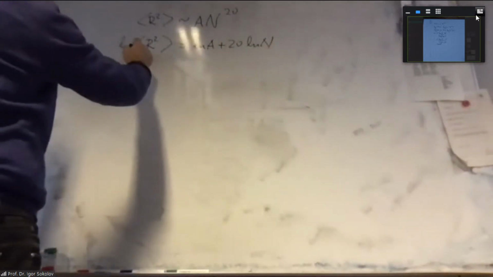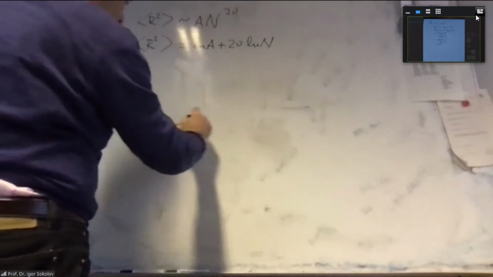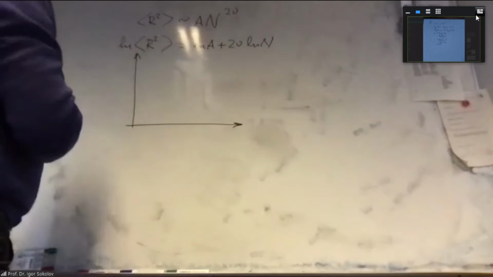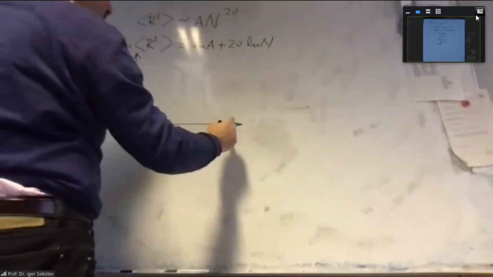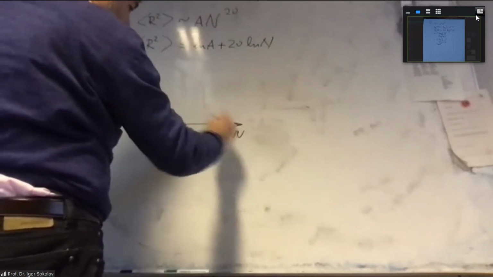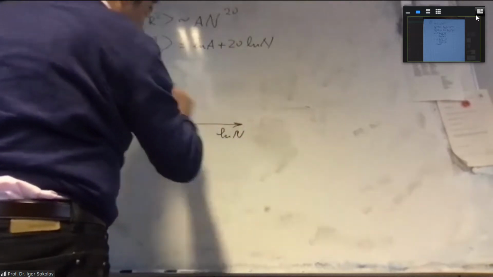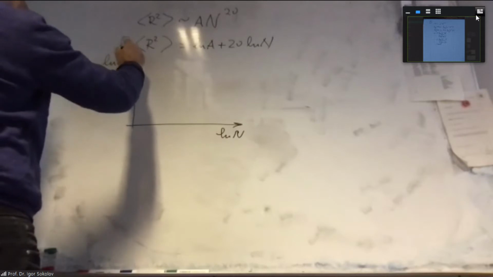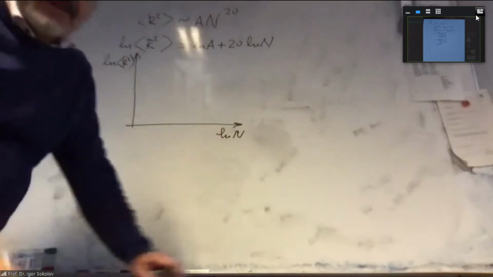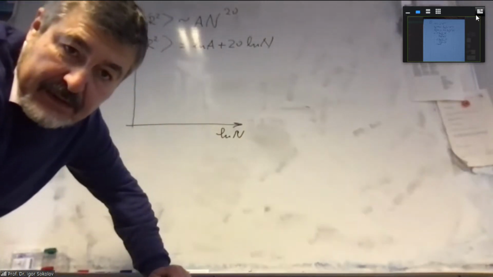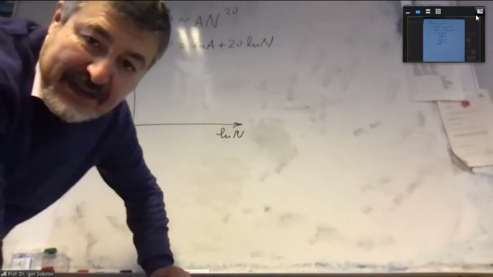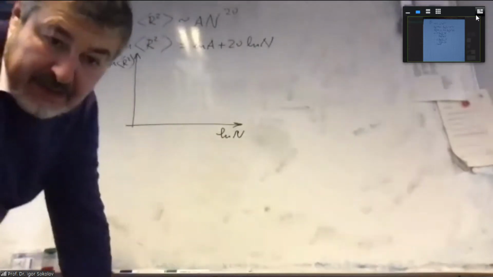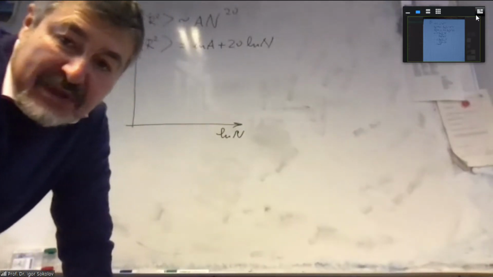And this means that what you essentially have to do to get nu is to plot for different values of n, a logarithmic plot of ln r squared as a function of ln n. Now I ask everybody whether this is clear, and the trick is known, that to get a power you have to plot on a double logarithmic scale.